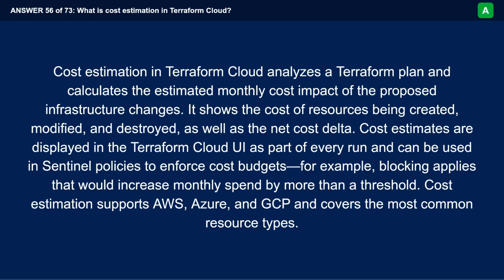Cost estimates are displayed in the Terraform Cloud UI as part of every run and can be used in Sentinel policies to enforce cost budgets. For example, blocking applies that would increase monthly spend by more than a threshold. Cost estimation supports AWS, Azure, and GCP and covers the most common resource types.